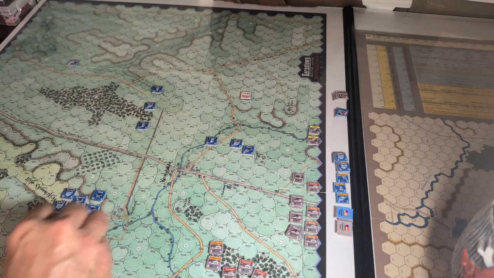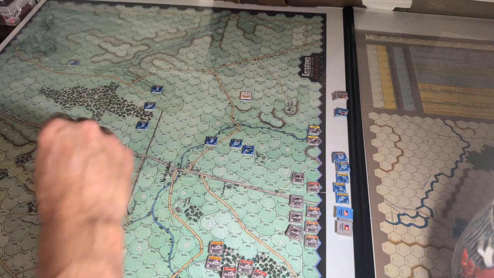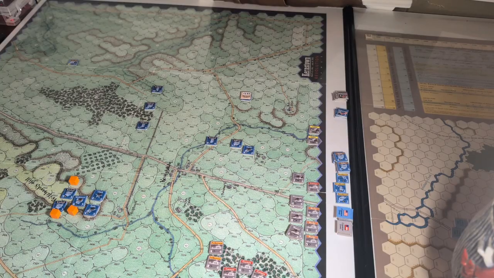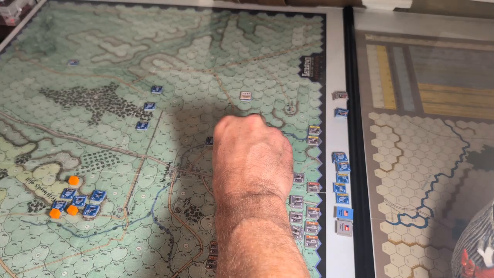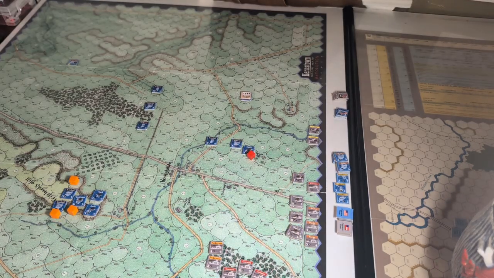Of course we've got 3 guns there, and then we have another gun. So I'll have to use a red for it right there, and we have another one up here. That's for the Union.